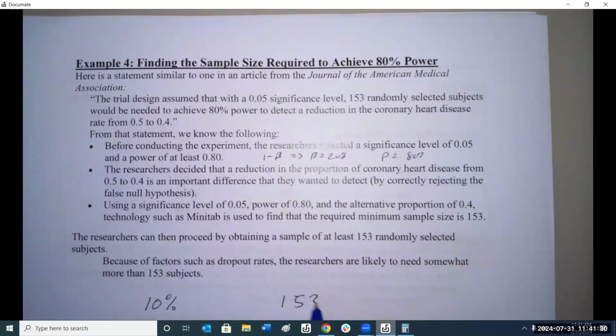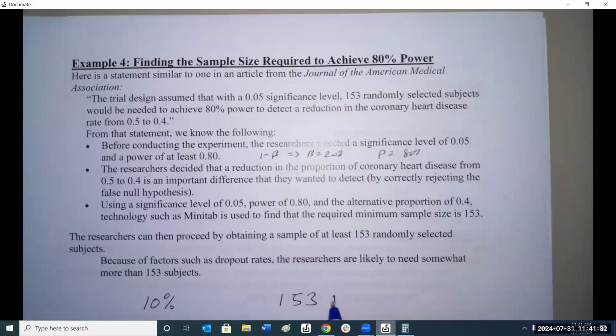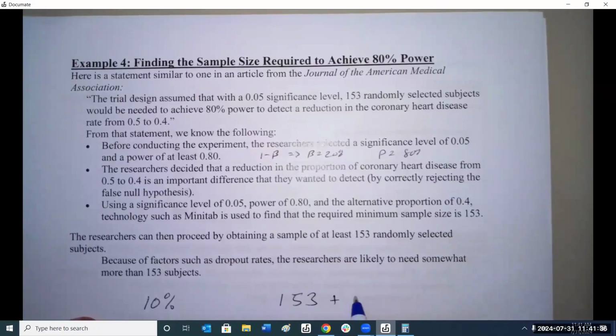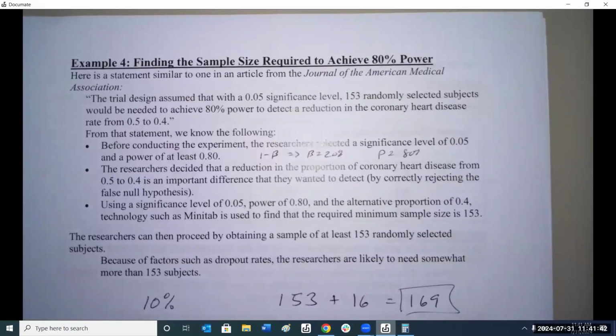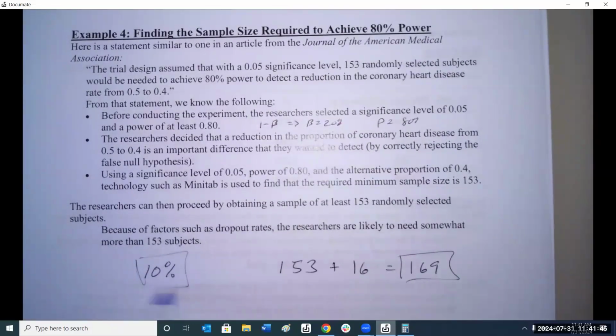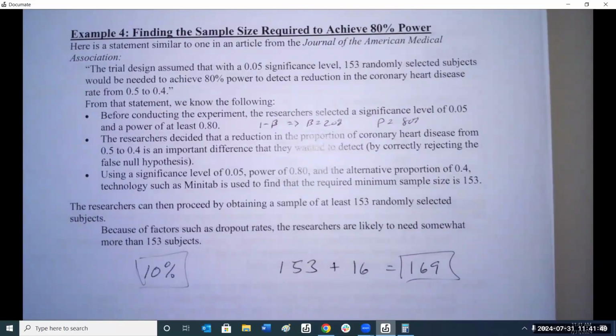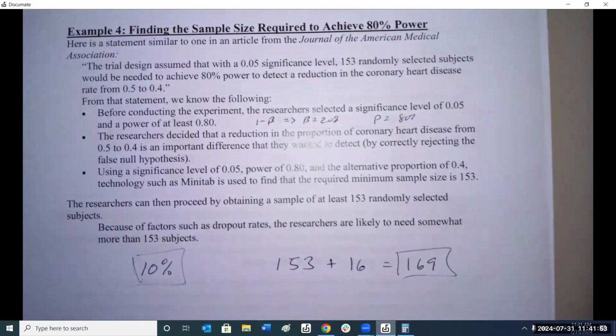If it says get 153 people, then get 10% more of that. Get 16 more people. Try to get 169 people, because chances are 10% of them aren't going to succeed and finish everything. All right, that's it for that section.